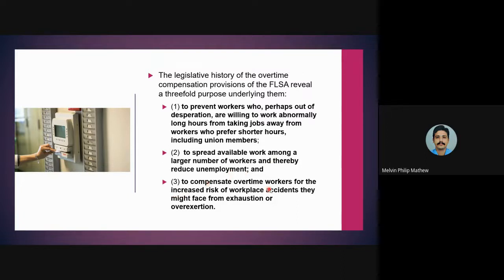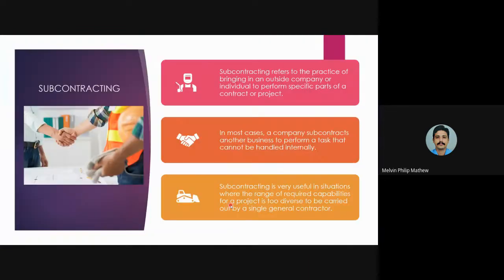Then, to compensate overtime workers for the increased risk of workplace accidents they might face from exhaustion or over exhaustion. So once they are working in an overtime condition, they are granted a particular leave for the said work, and they are compensated for the increased risk of accidents or the exhaustion they may face after the overtime condition.